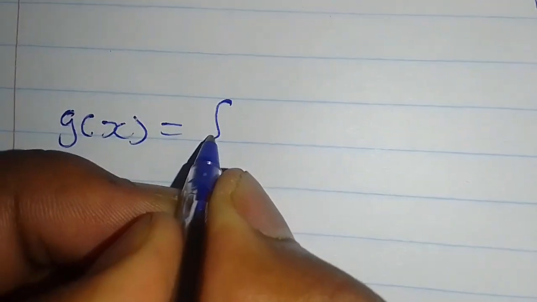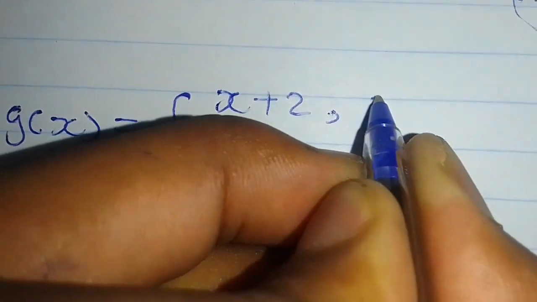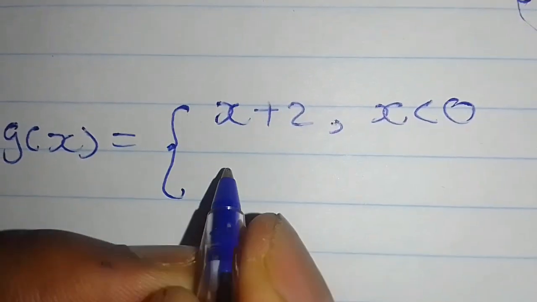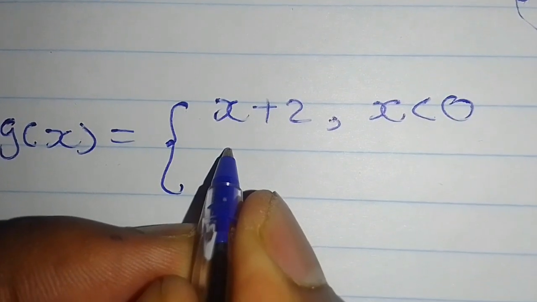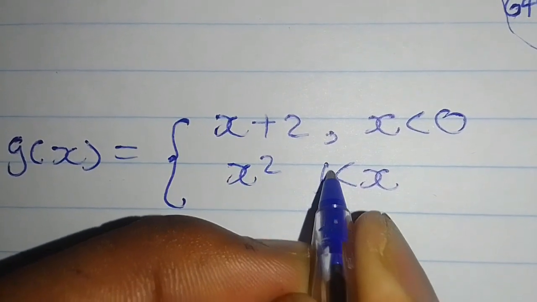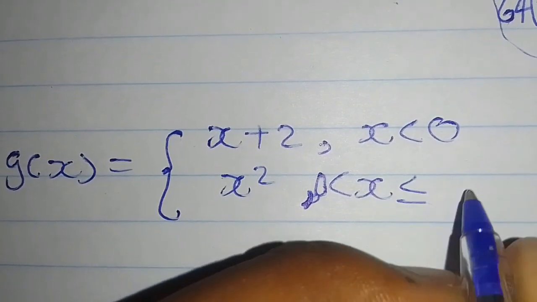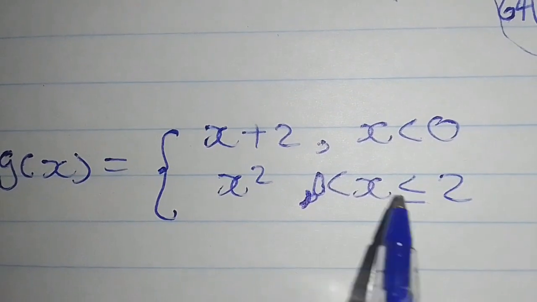So let's say maybe we have g at x given by x plus 2, where x is less than 0, and then it's given by x squared, where x is between 0 and 2, and 2 is included in this region.